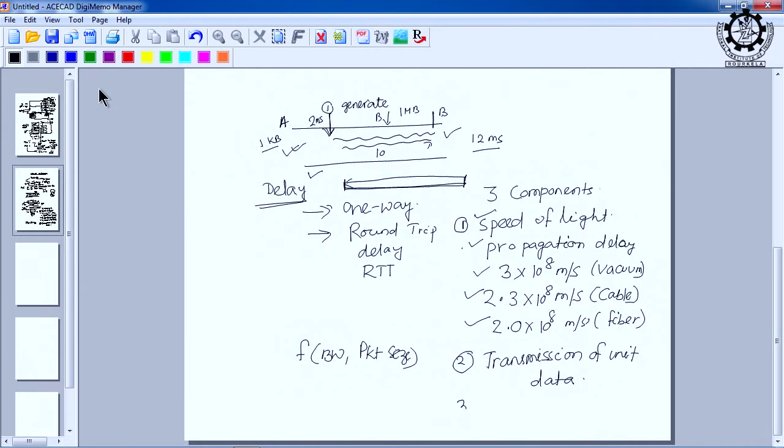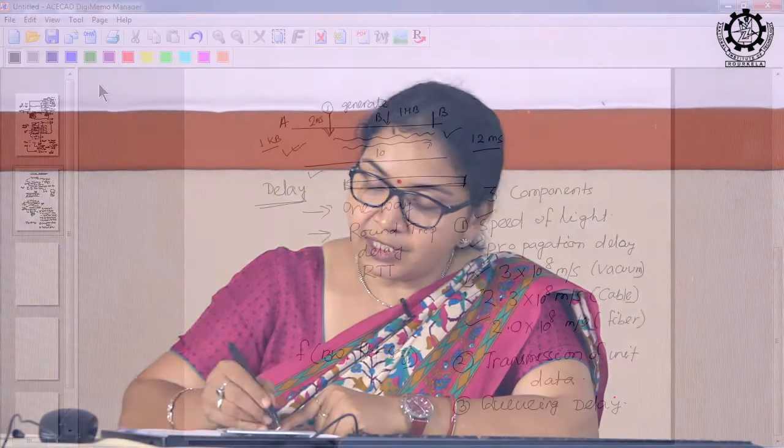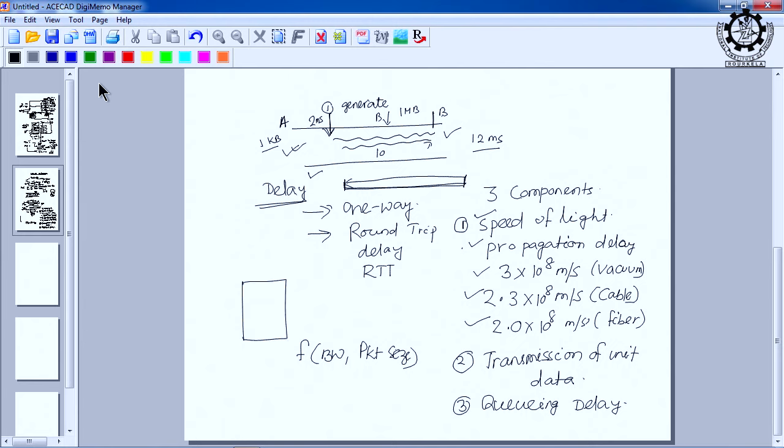Then the third component is the queuing delay. The queuing delay usually occurs even within one computer or one node. Let us say there is a host here and 5 processes P1 to P5, they are generating data. So, P1 has got a data D1, D2 this way.